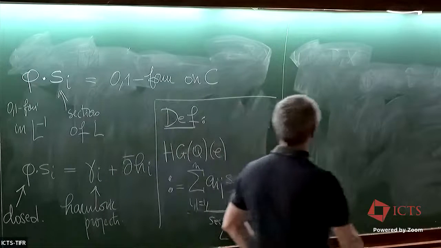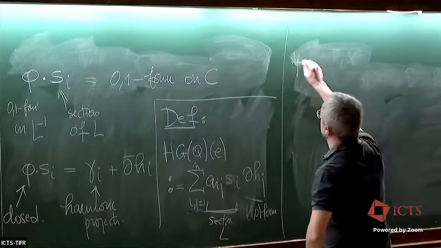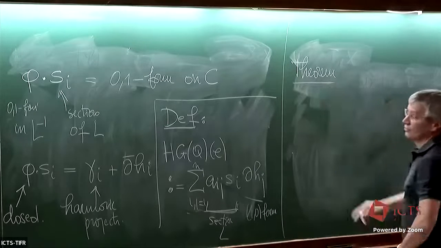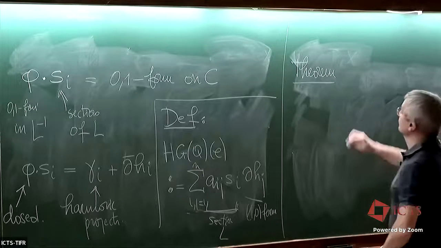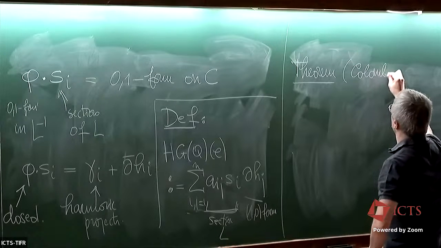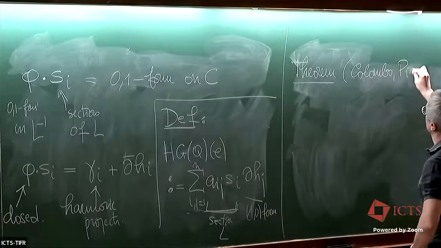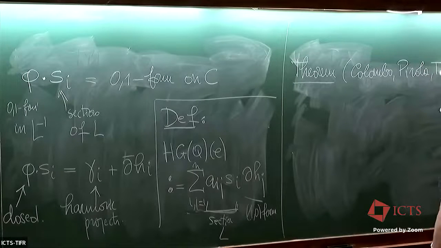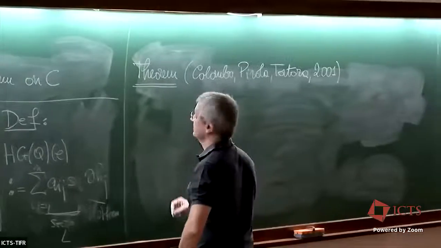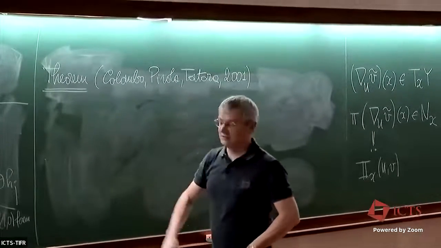Now we have to check this. So we have to show that this is well defined. And this is due to Colombo, Pirola, and Tortora, who in fact defined these maps. They defined them in a much more general setting, but let's stick to this case.